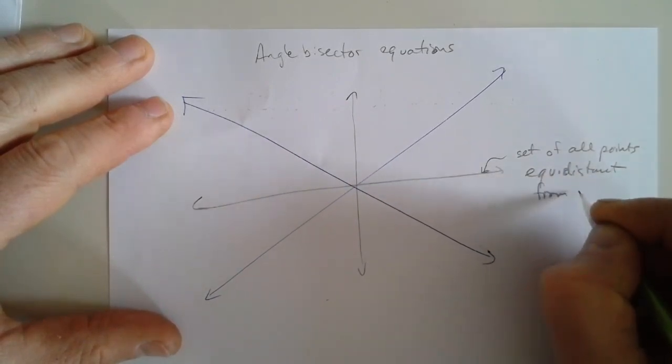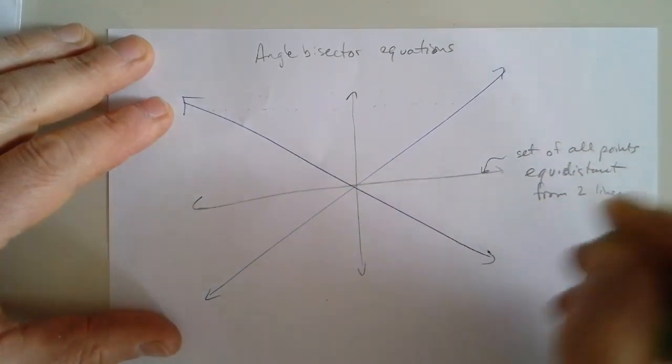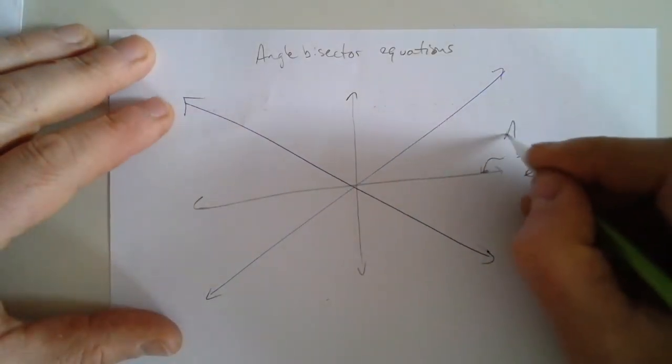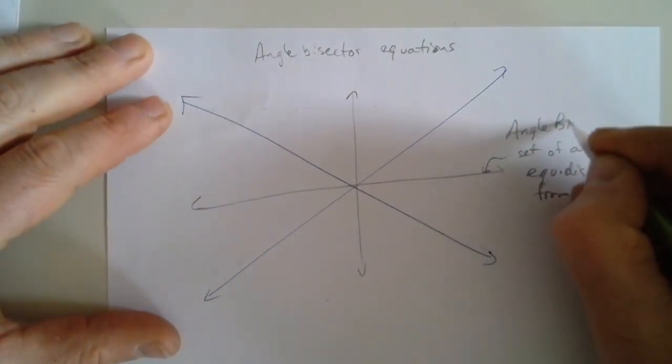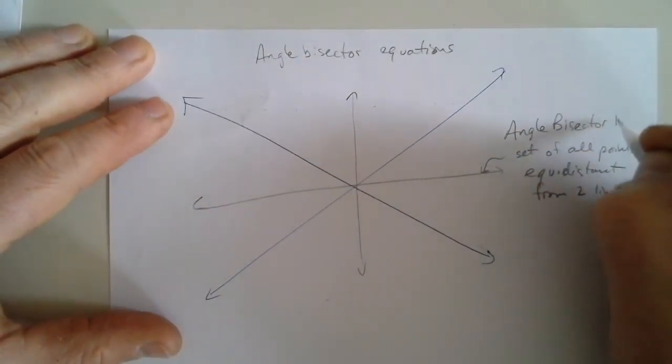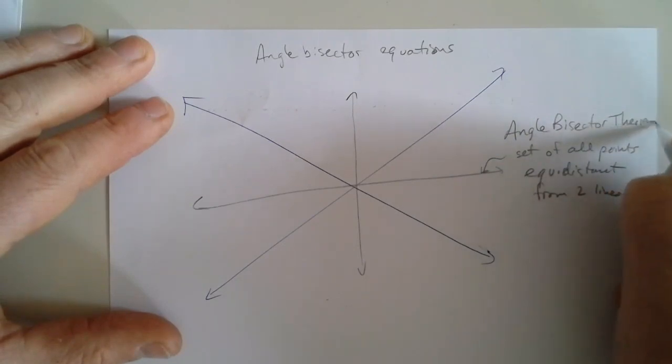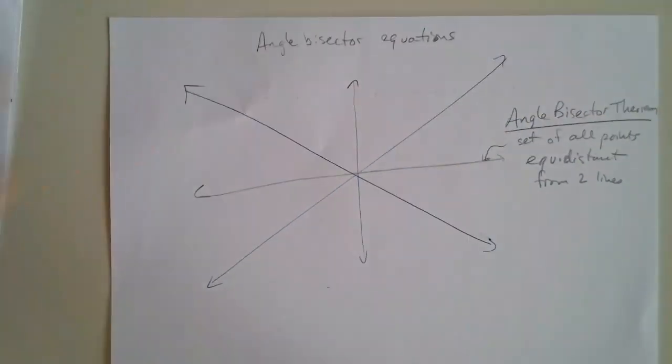That was our angle bisector theorem from back in geometry days. It says if you have an angle bisector, it is equidistant from the two lines for all points.